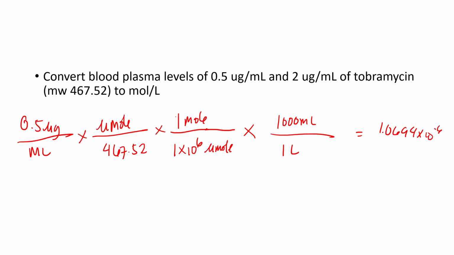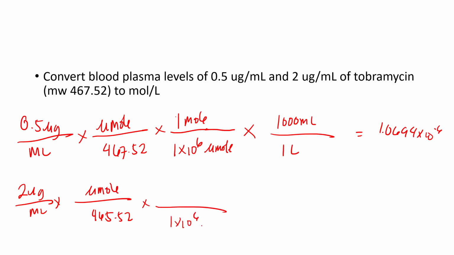And for the bottom, 2 microgram per ml divided by 467.52 is micromoles. 1 times 10 to the 6 micromoles is 1 mole, and 1000 ml is 1 liter. 2 divided by 467.52, divided by 1 million, times 1000.